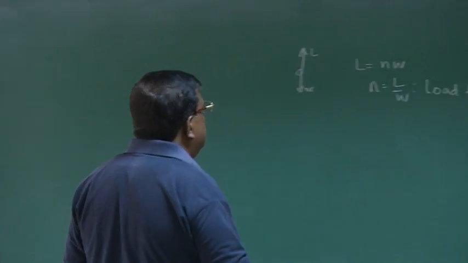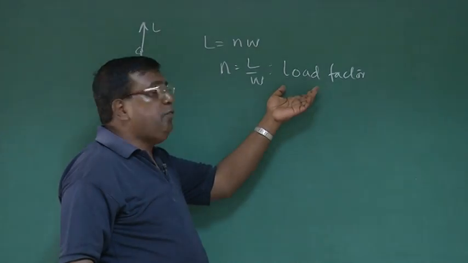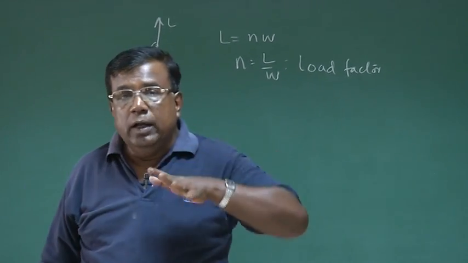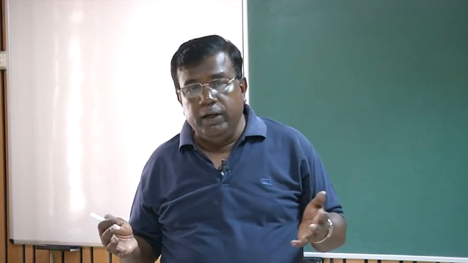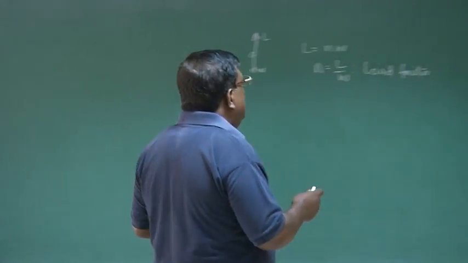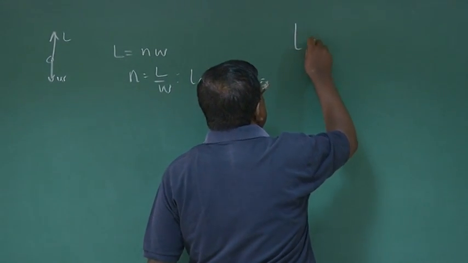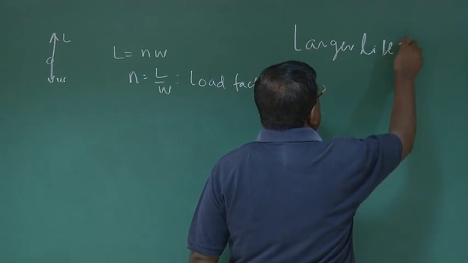So coming back to this concept of load factor and generation of load factor through the airplane, I must understand one thing. Nothing will come free of cost. If I want a larger load factor, meaning larger lift for a given weight, larger lift means I have two options.